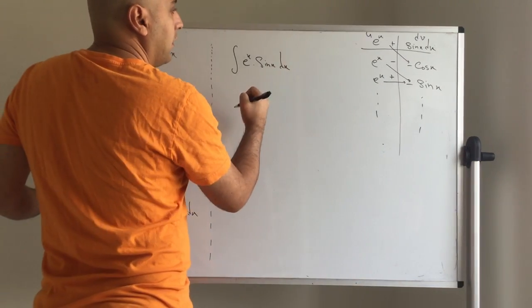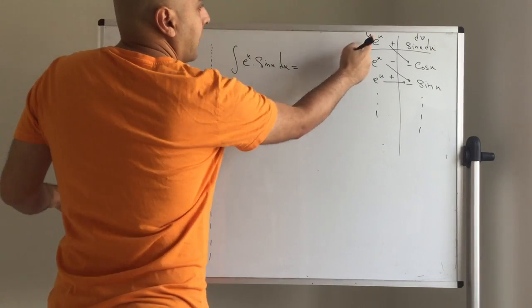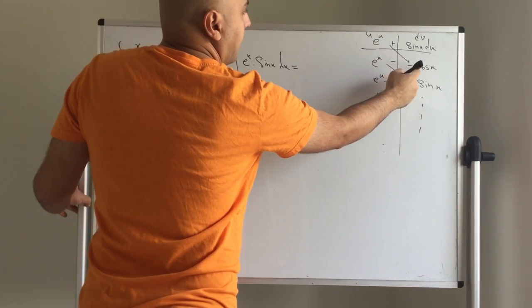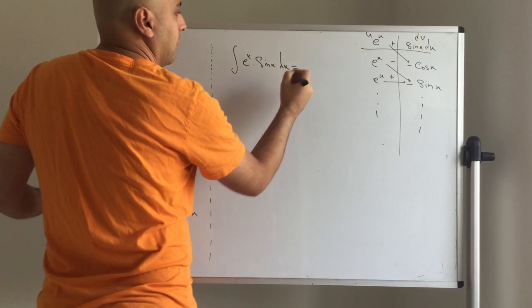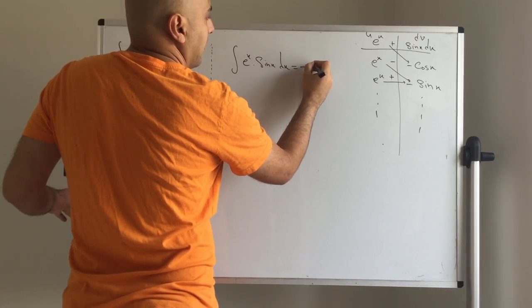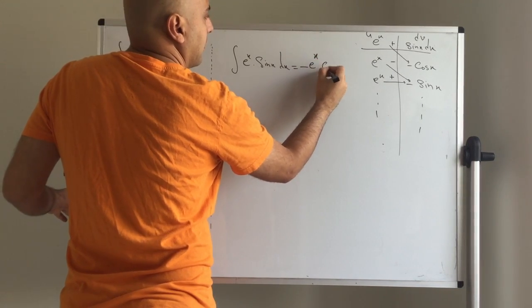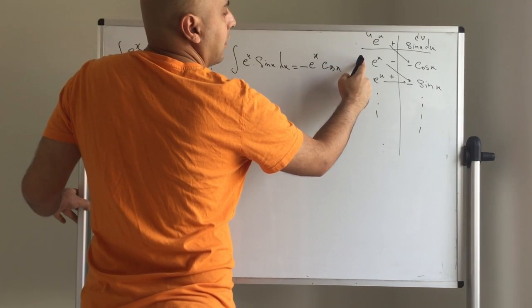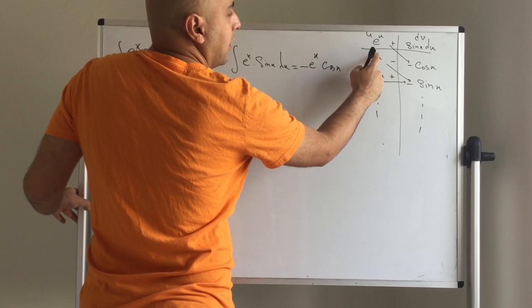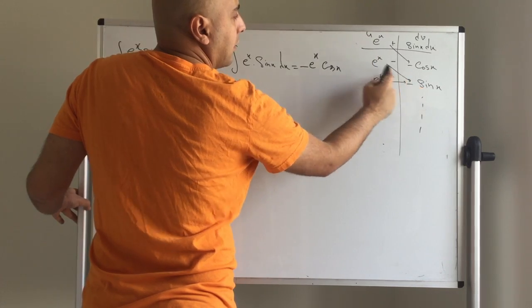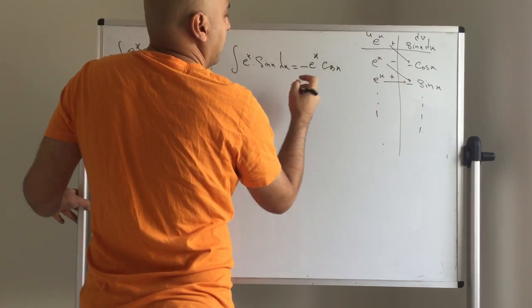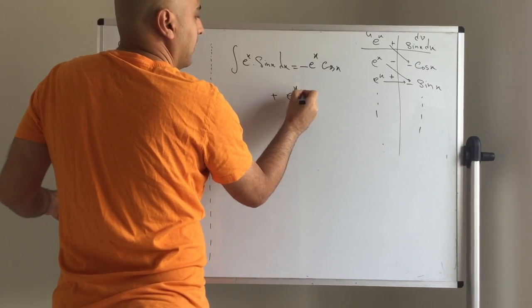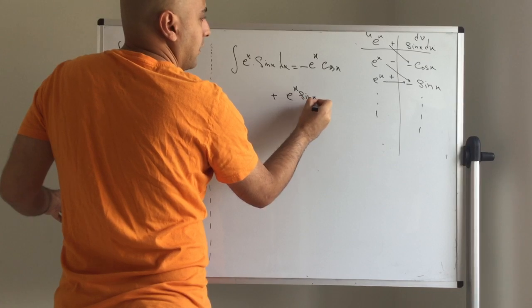So this integral equals e power x times minus cosine x, so minus, then e power x sine x, and minus plus. So e power x sine x.